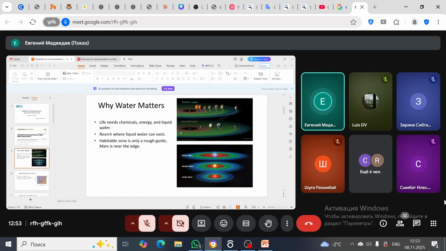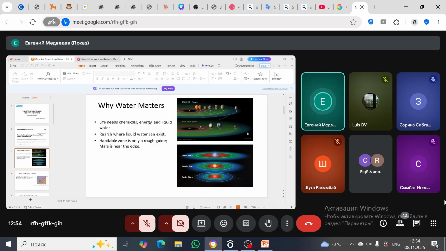So habitable zones, and we see these three rings, and the green one is the habitable zone. Red is the zone that is very hot from the star, and blue is very cold, and liquid water cannot exist.